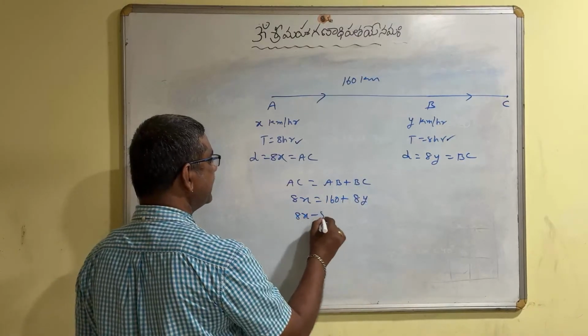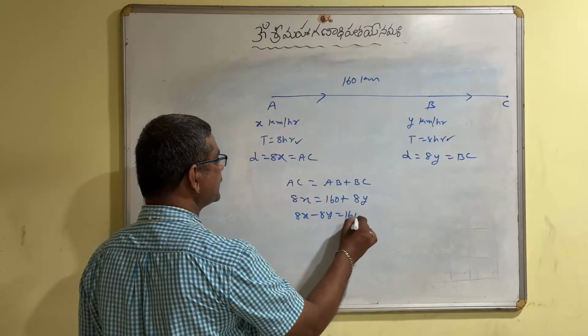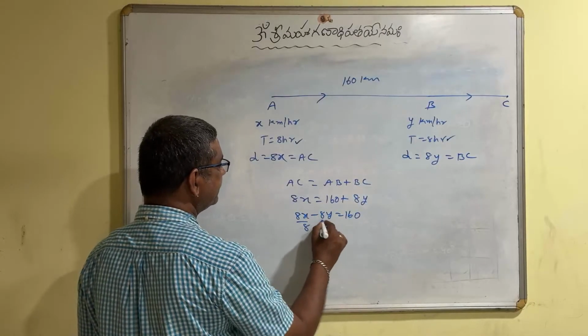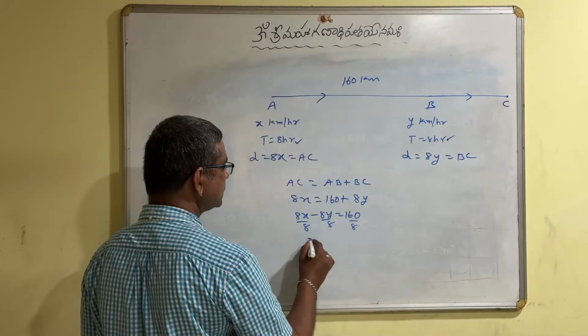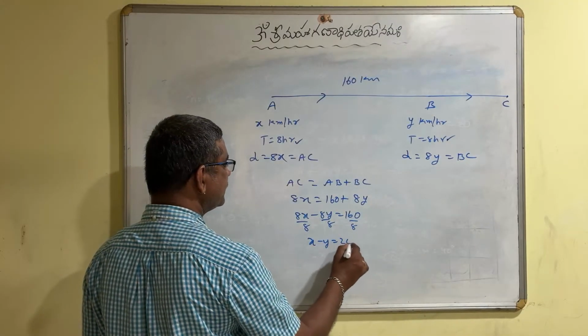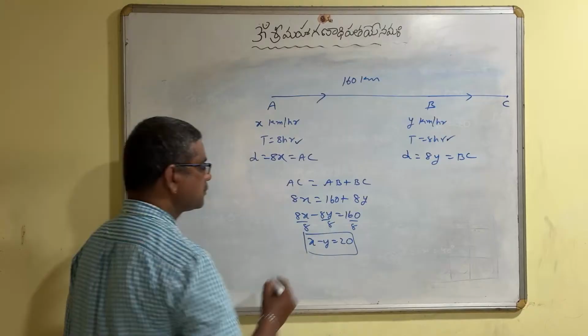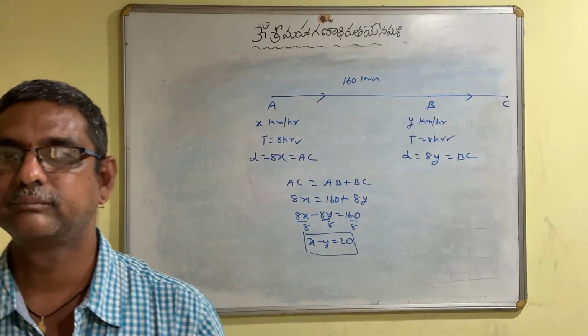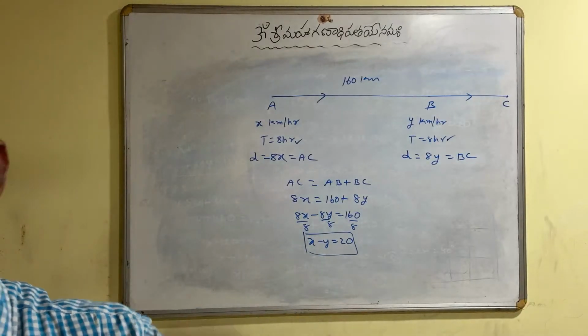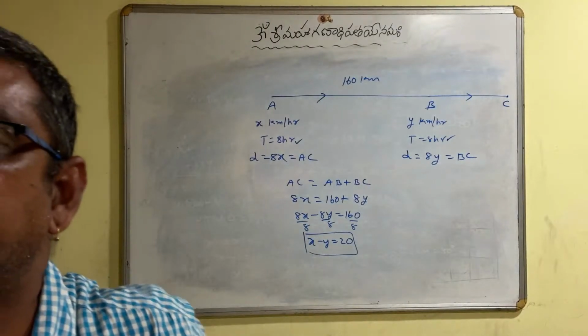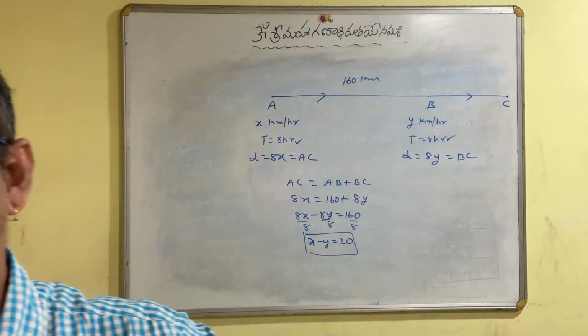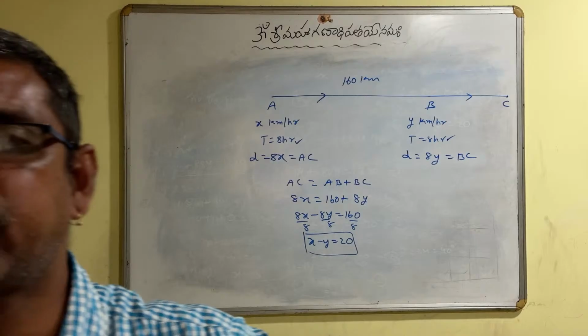So 8x minus 8y is equal to 160. Divide with 8 on both sides. X minus y is equal to 20. This is equation 1.